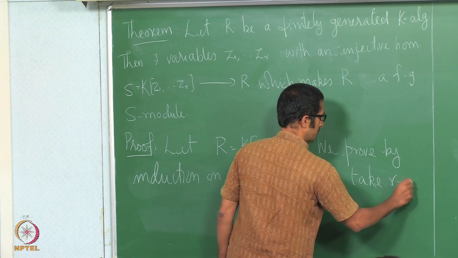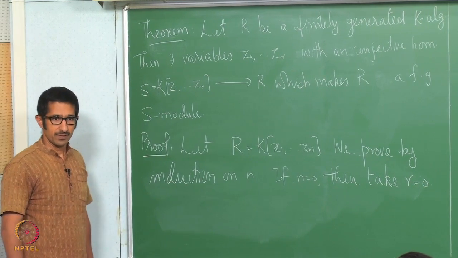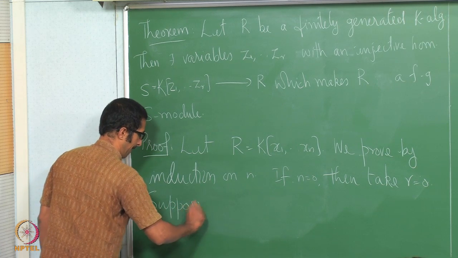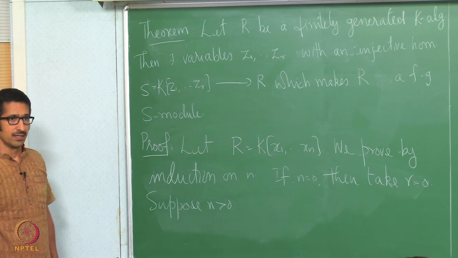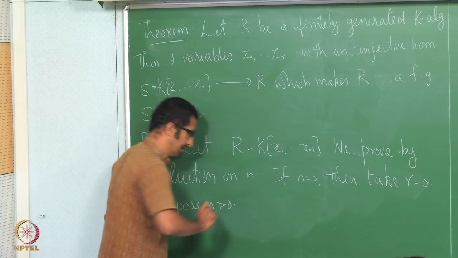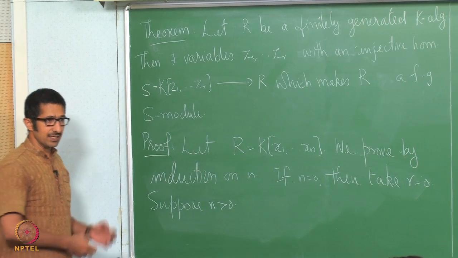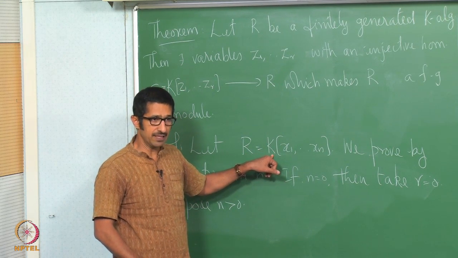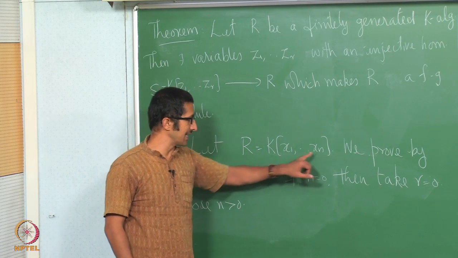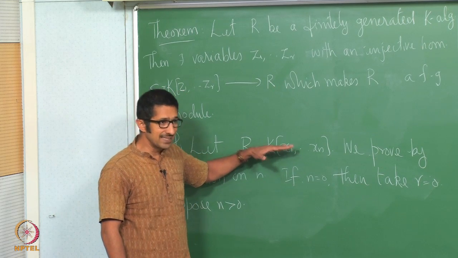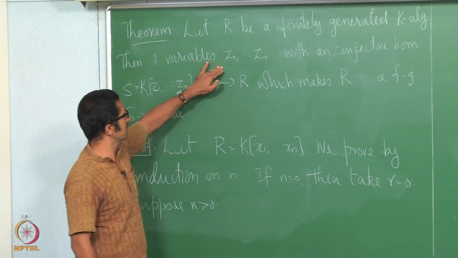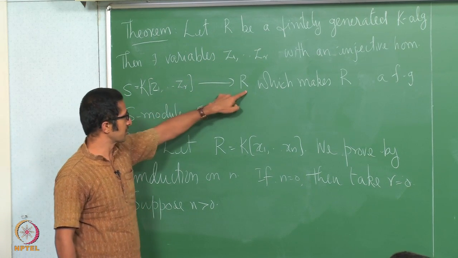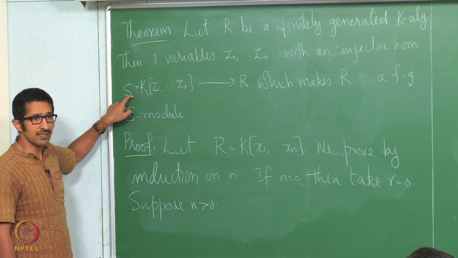Now, suppose n is positive. Let us assume by induction that if I have a finitely generated K algebra generated by less than or equal to n minus 1 elements, then I can find some z1 up to zr so that this becomes an inclusion and R becomes a finitely generated S module.